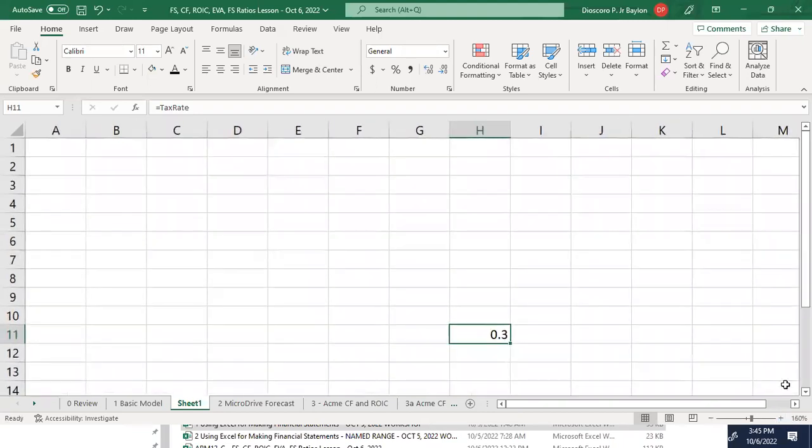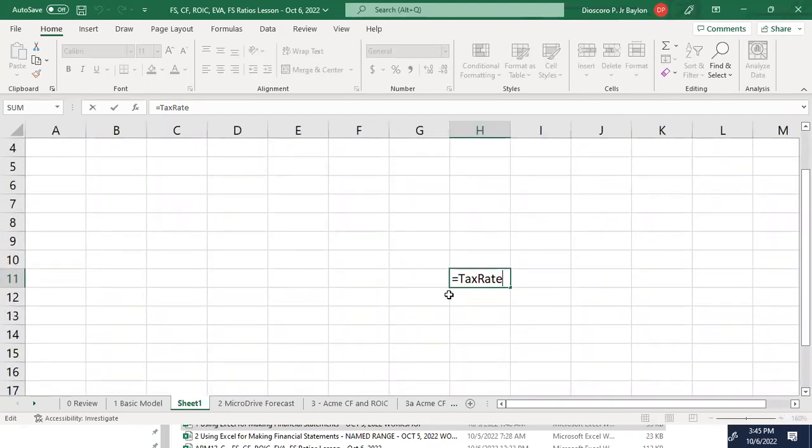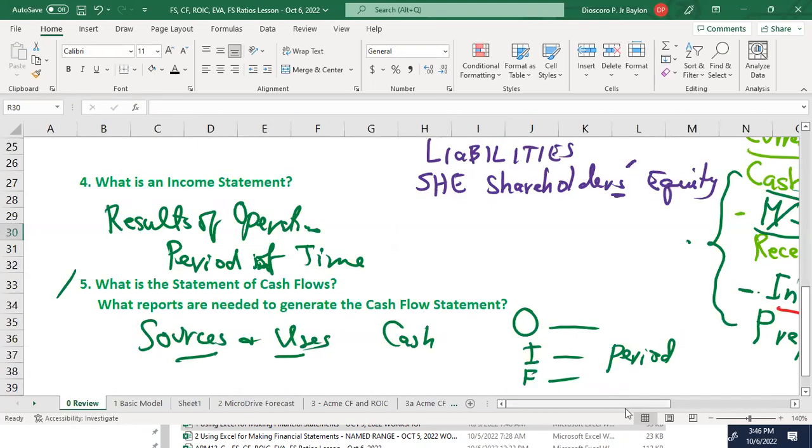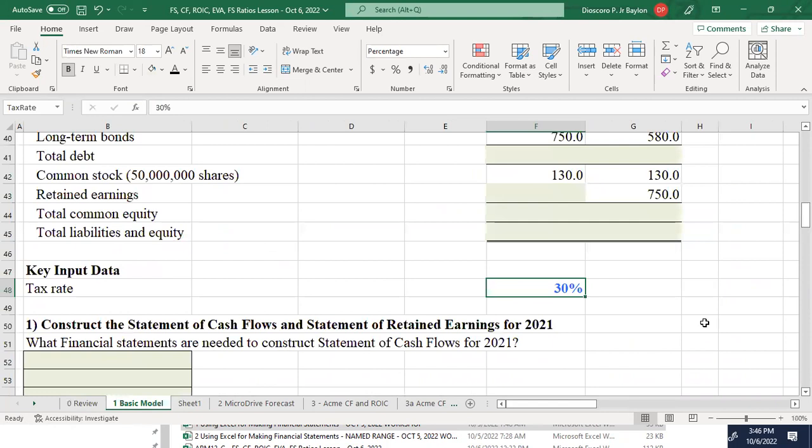All right, here, I use the formula is equal to tax rate. Now, this tax rate represents a particular value, and it's here. Binigyan natin ng pangalan yung tax rate dito na 30% here.